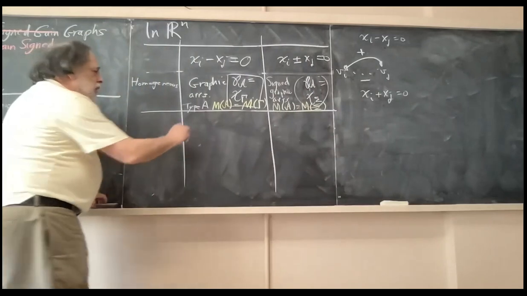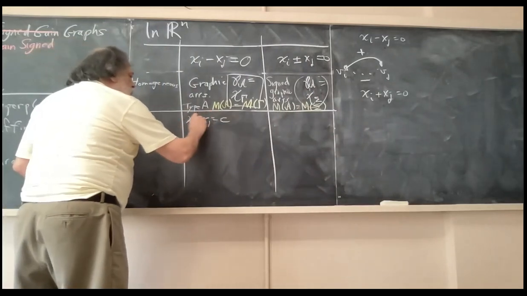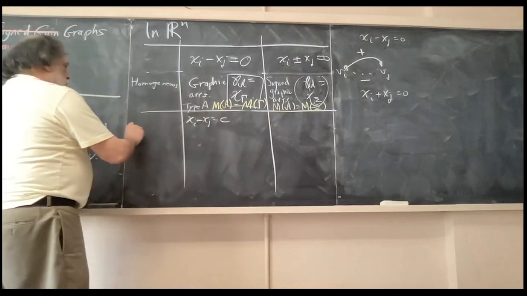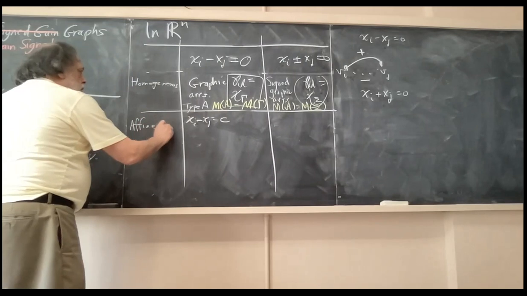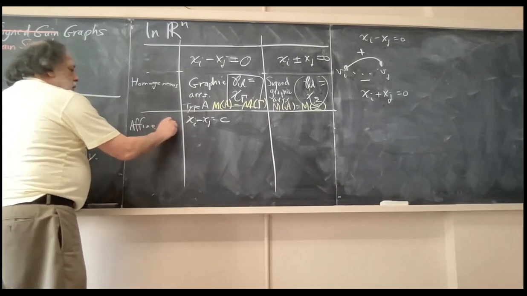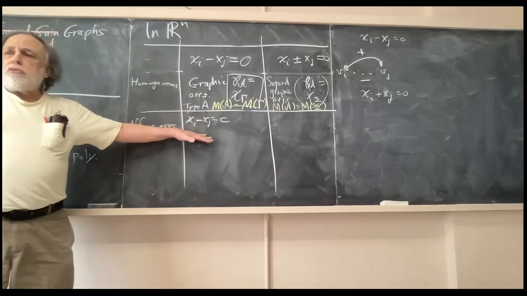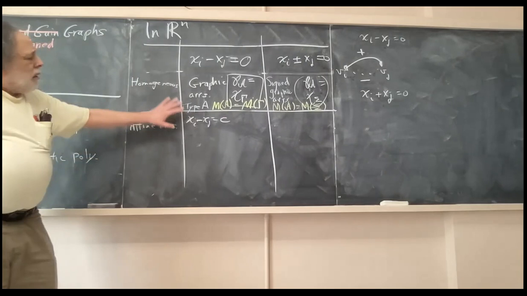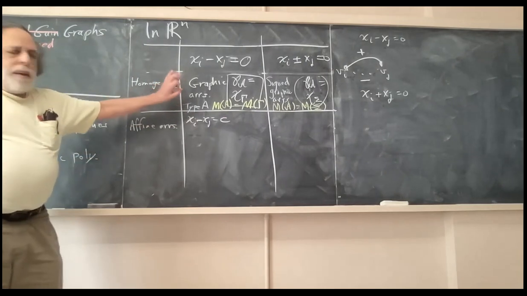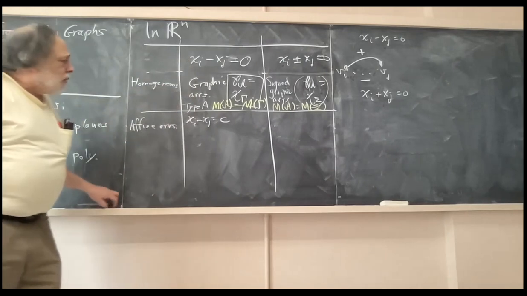So let's write x_i minus x_j equals a constant. This will be affine arrangements. And you'll notice that I'm only talking about two variables with a plus or a minus. And there's a reason for that. But let's stick with that. I'll tell you more about the background and you'll see why this is so important.